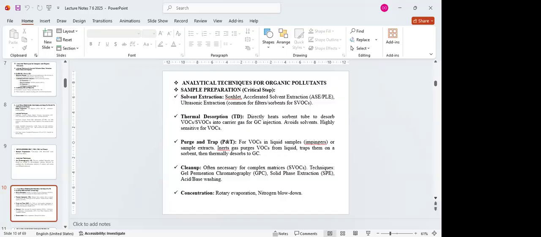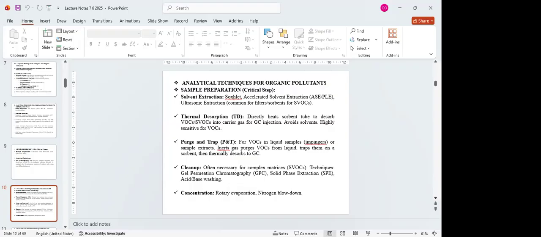It's just a blast of heat. So this is done because it's highly sensitive, and it's very sensitive for VOCs, which on their own are also sensitive. So it has an advantage over the conventional solvent extraction process.